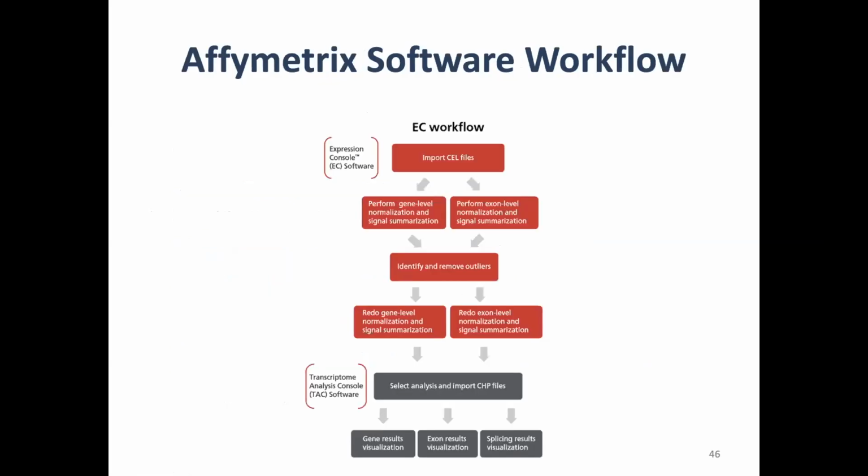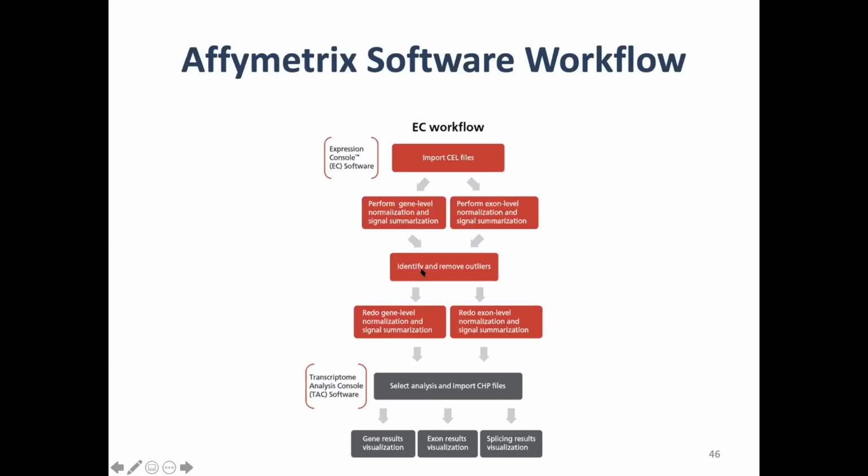Now this is the workflow. This is based on TAC 3.0. TAC 3.0 had the Expression Console and the TAC software, but now this entire thing is considered as the TAC 4.0 software. First is import CEL files, and perform gene level normalization and signal summarization.